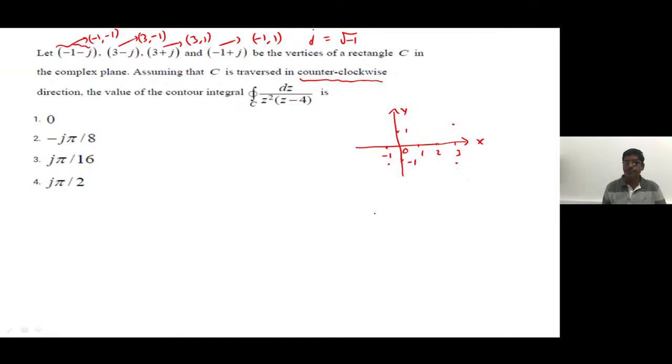So joining these, a rough sketch of the diagram. So this is our closed curve. Now a rough sketch of the rectangle. This is the rectangle. Let us denote the coordinates A, this is B, and this is D, and this is E. ABDE is the rectangle.